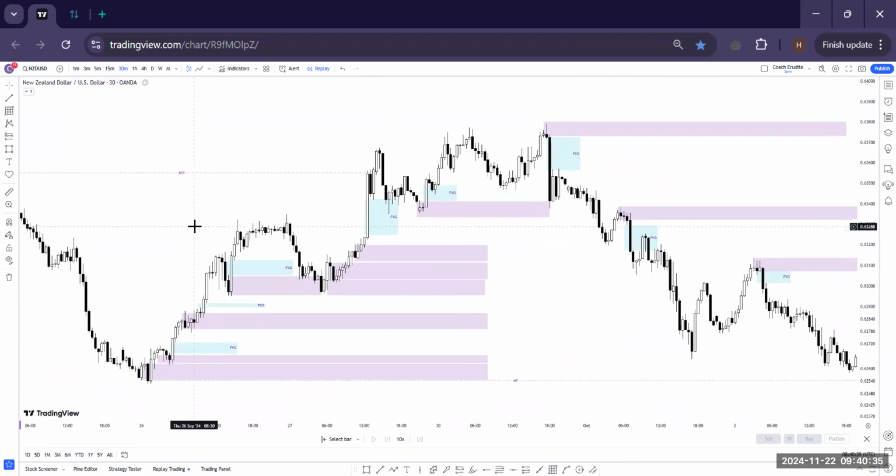We are able to identify all the order blocks and all the fair value gaps. And like I said, a valid order block is the one that created a gap, a fair value gap. So you can confidently look at that particular area and see that liquidity has been grabbed, and then you can confidently look forward to taking orders.